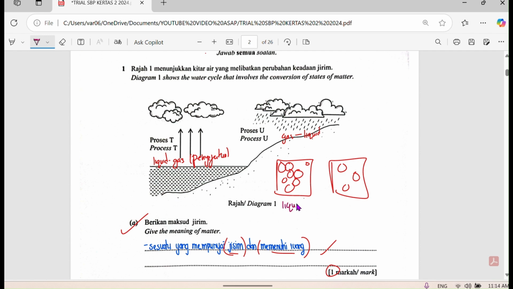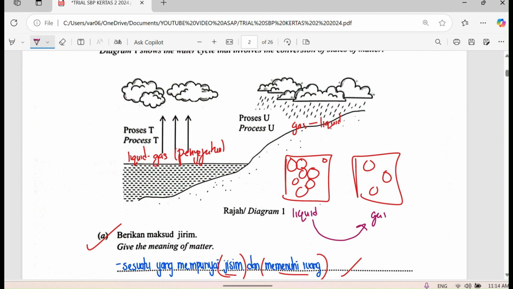Now, penyejatan, liquid to gas. As you can see here, for liquid to change into gas, we need tenaga haba. Tenaga haba akan diserap.